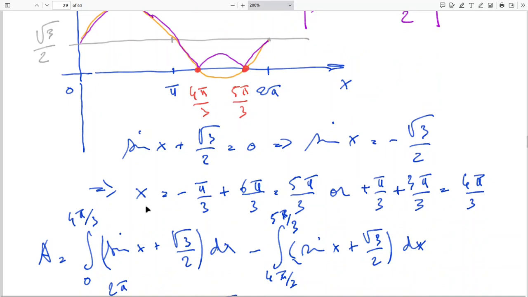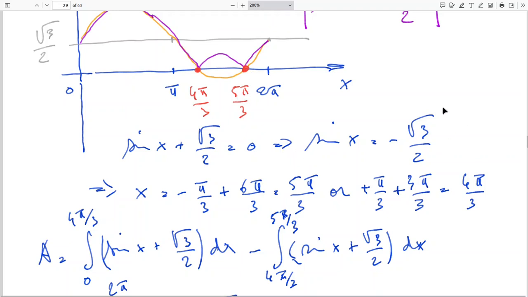This is x equal to minus pi over 3 plus 2 pi, or 6 over 3 pi, which gives you 5 pi over 3, or it can also be pi over 3 plus pi, so 3 over 3 pi, which gives you 4 pi over 3. So the first point is 4 pi over 3, and the second is 5 pi over 3.